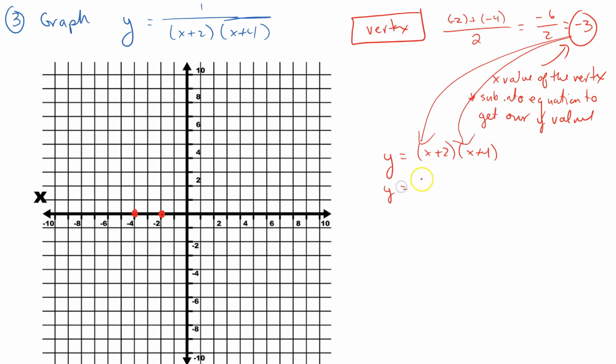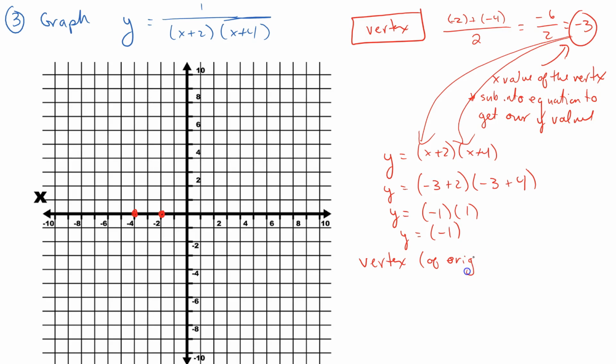So y equals (negative 3 plus 2) times (negative 3 plus 4). So then y equals negative 3 plus 2 is negative 1, times negative 3 plus 4 is 1. So y equals negative 1. So the vertex of the original is at negative 3, negative 1, which is pretty perfect.